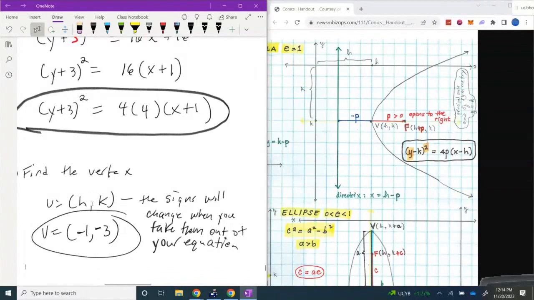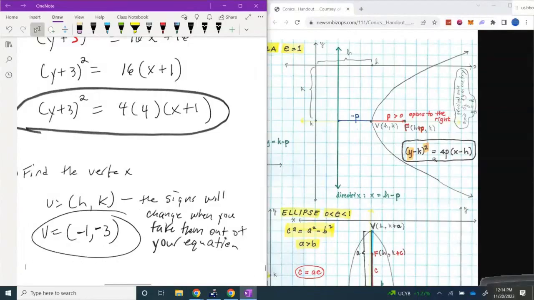Here's why the signs change. Because if I'm looking at this model form, and if my vertex is -1 comma -3, when I substitute in -1 for H, I have X minus a -1, which is a what? +1 in my formula.